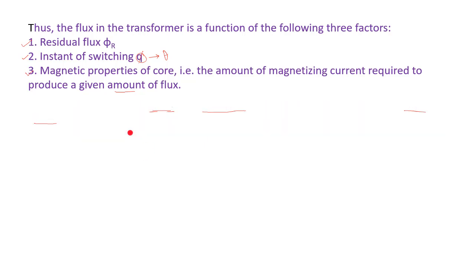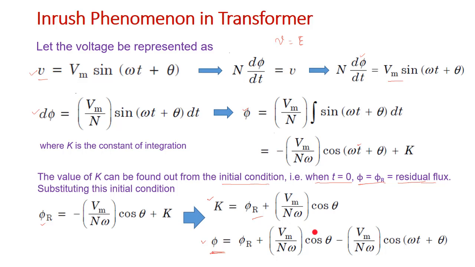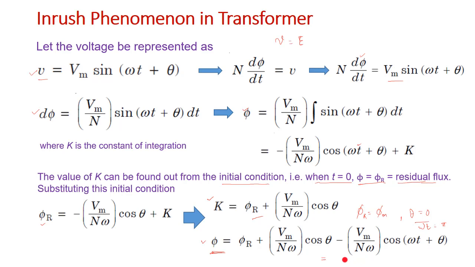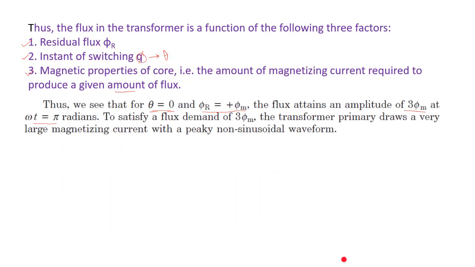If in the last equation we substitute phi r equal to phi m, theta equal to 0 and omega t equal to pi, it will become 3 phi m. That is what is mentioned here.